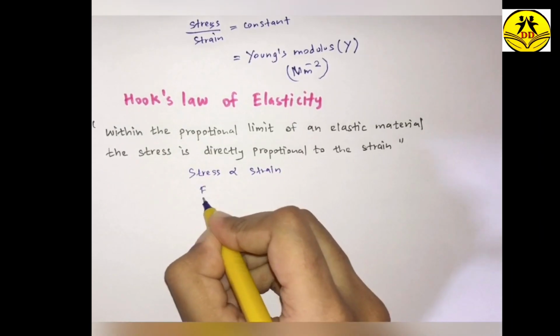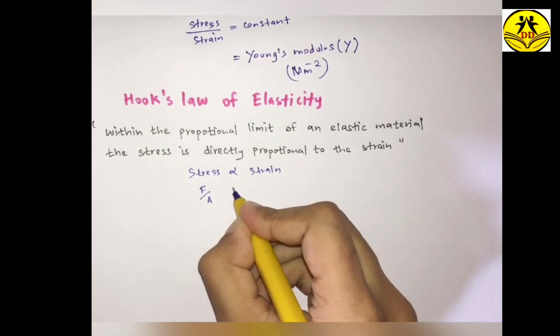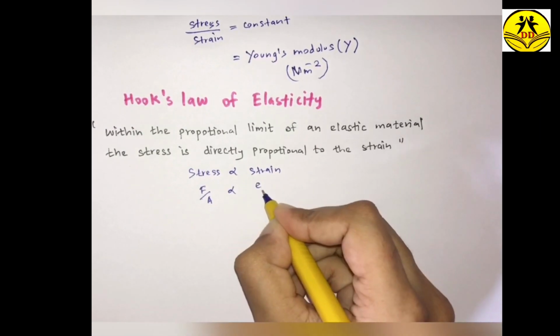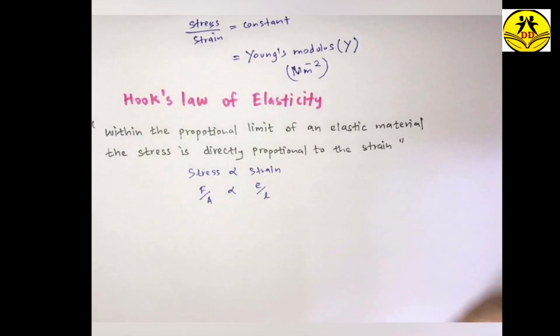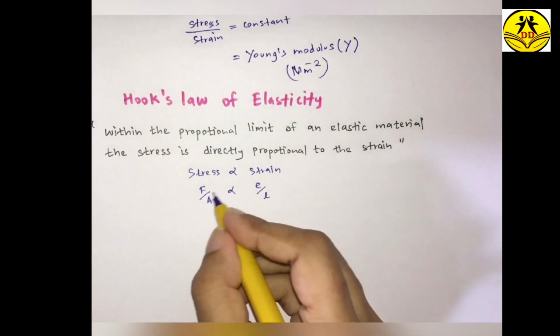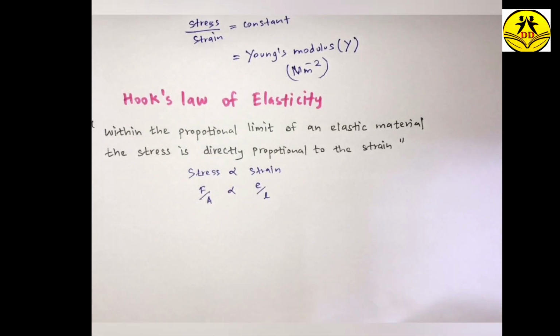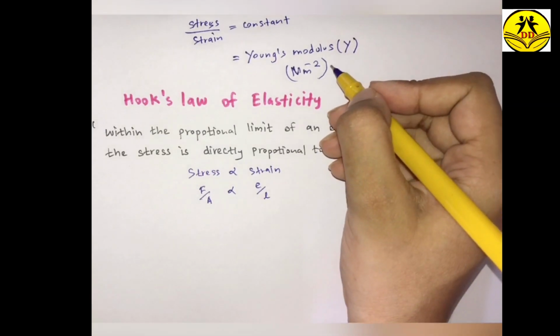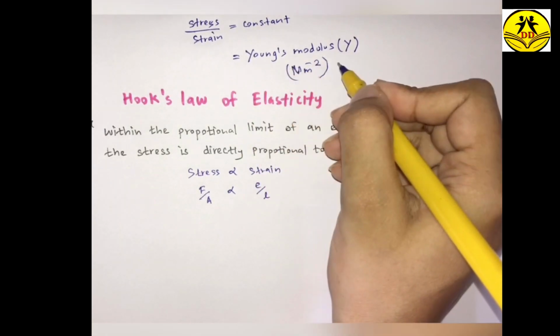Stress is F over A, we discussed this before. Directly proportional to the strain, which is extension over length. So we make this an equation by inserting the constant we talked about before, the Young's modulus.